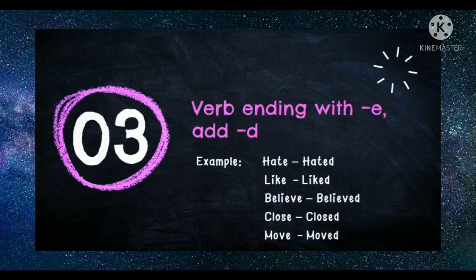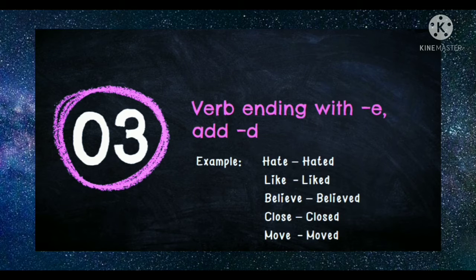Now let's look at group 3. Verbs ending with E add D. All the verbs here end with the vowel E. If a verb ends with the vowel E, we only add D to make it past tense. For example, the word hate.